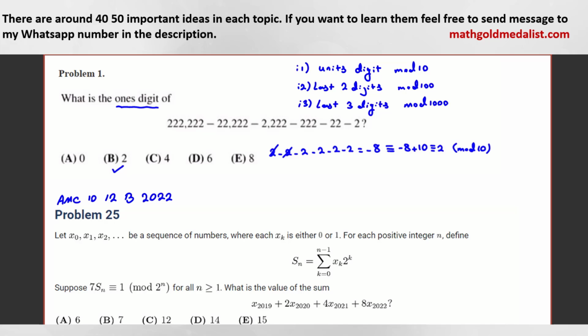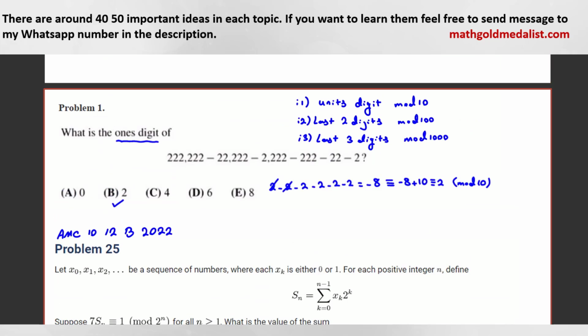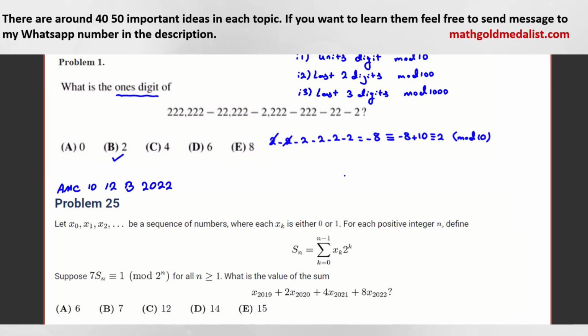And in modular, you should know modular arithmetic. In my previous videos before the exam, I solved an AIME problem. In that problem, I explained a lot of things for modular arithmetic. So we have some formulas. For example, division: when we have ab is congruent to ac mod m, you can divide both sides by a, and then we can say b is congruent to c mod m over GCD of m and a.